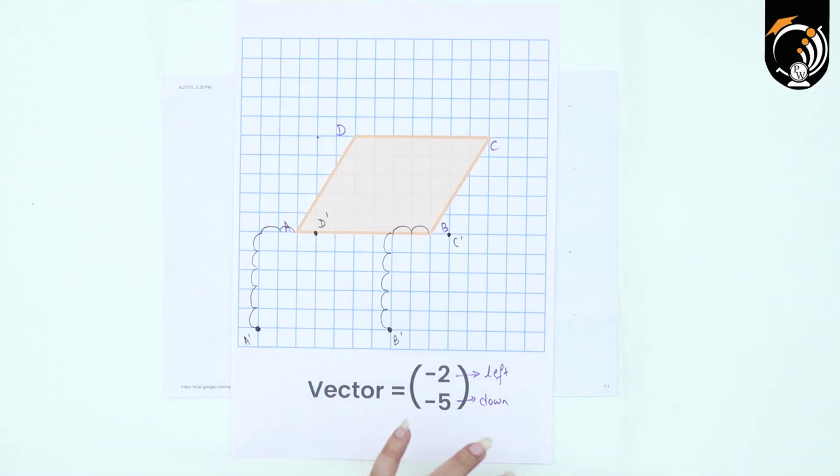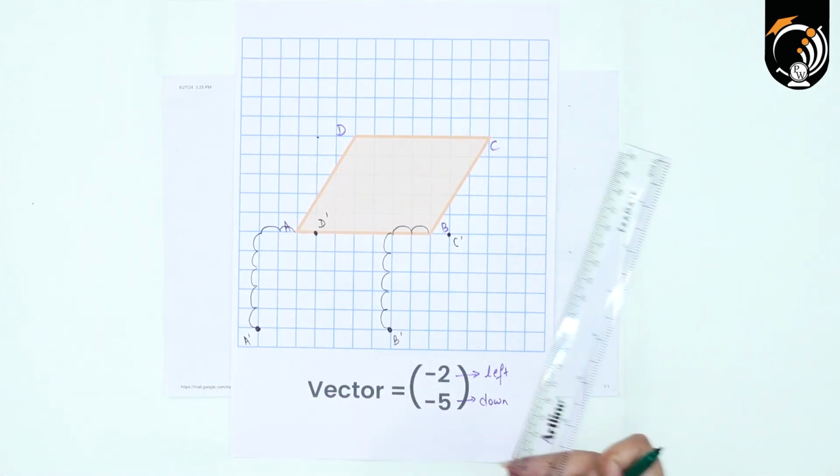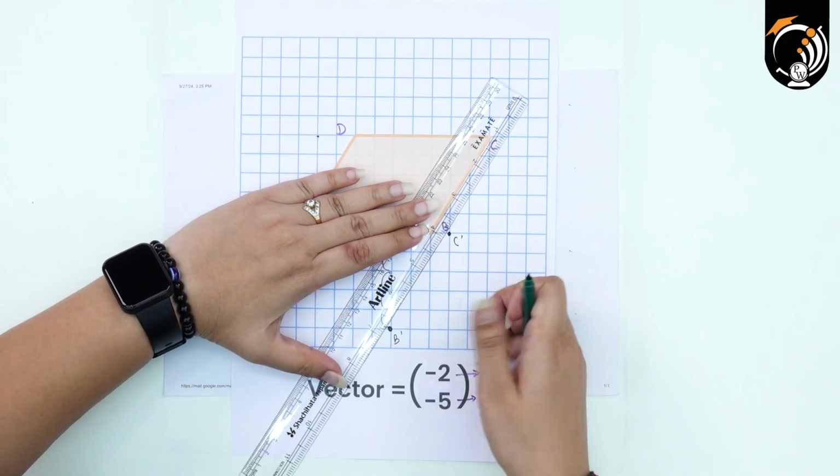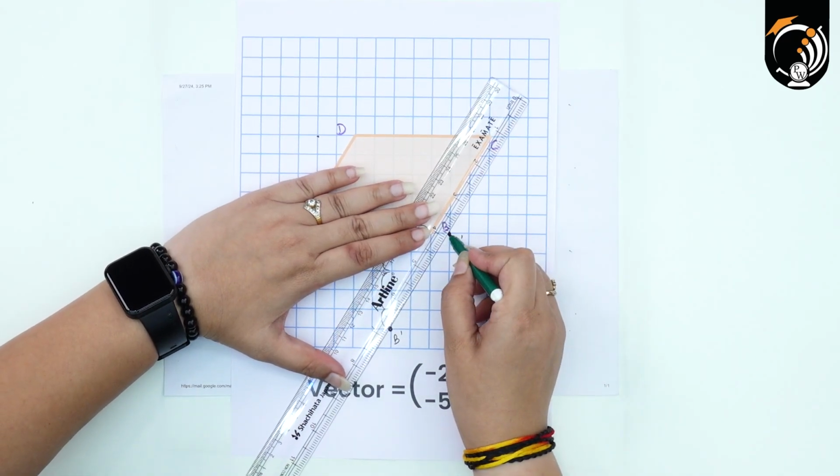Now we are just going to use a scale to mark the final diagram, to show how our final figure will look. So let's just join all the corresponding points that we have got here.